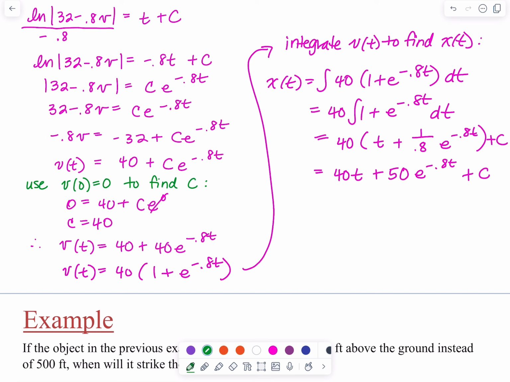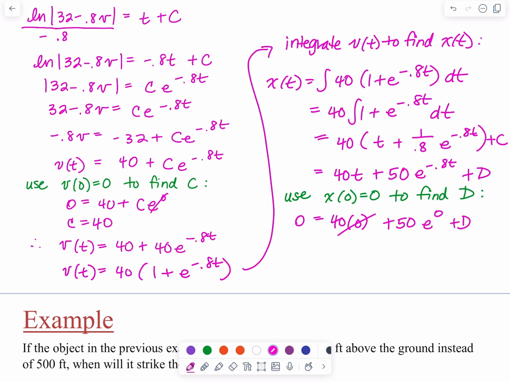So we are going to go ahead and use our initial condition x of 0 equals 0 to find, and I should probably have said, d. And so doing so, we have 0 equals 40 times 0 plus 50 e to the 0 power plus d.